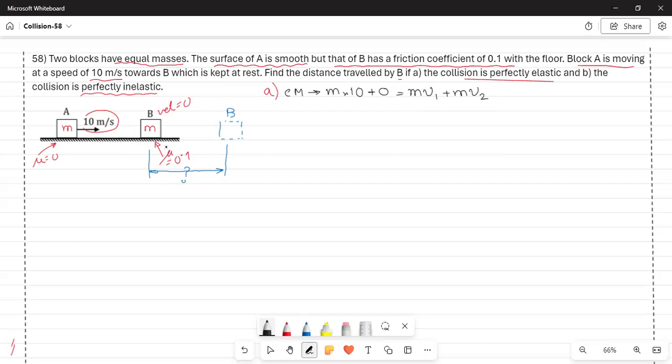Say after collision, their velocities are v1 and v2. We have been writing this repeatedly many times. From here, m gets cancelled, so we are left with v1 plus v2 is equal to 10.